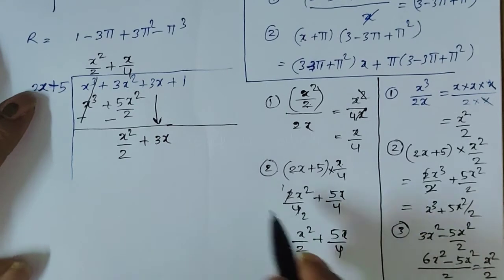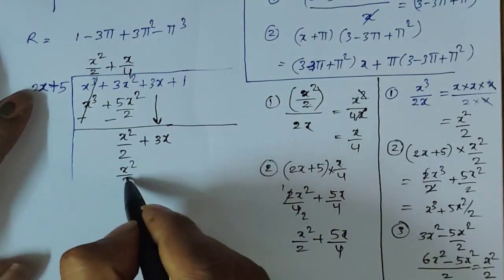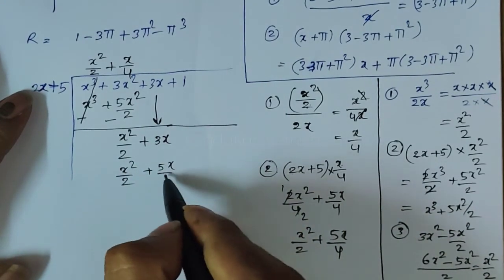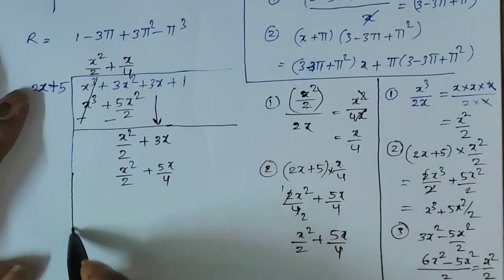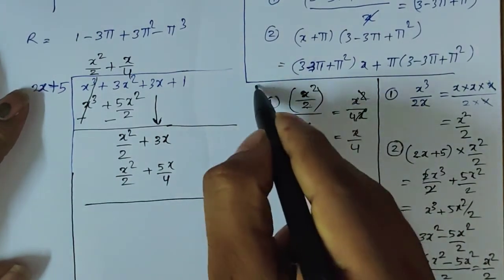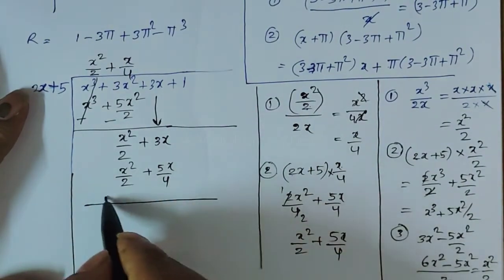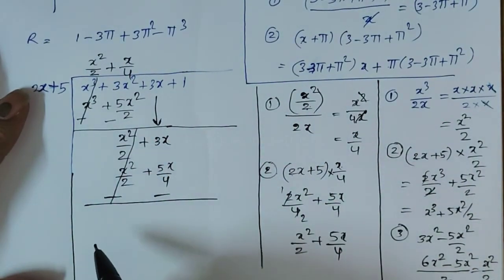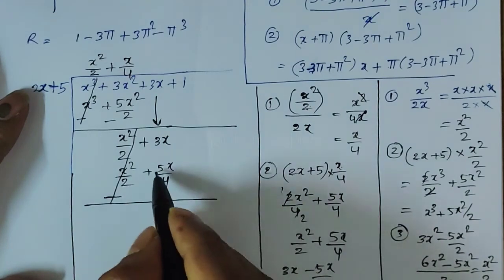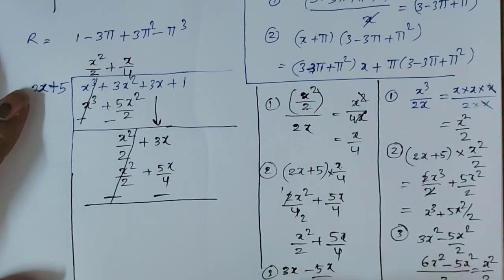Write this part just below it. It's time for subtraction. These two get cancelled. We got 3x minus 5x by 4. Here LCM 4 into 3x, 12x minus 5x, so you will get 7x by 4.